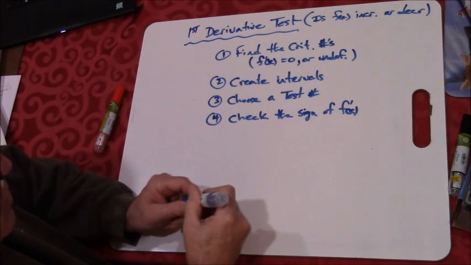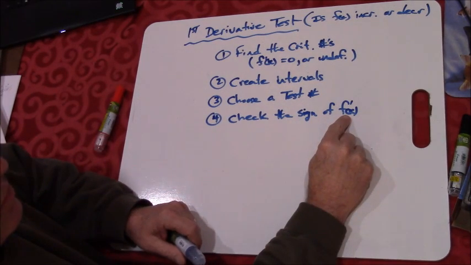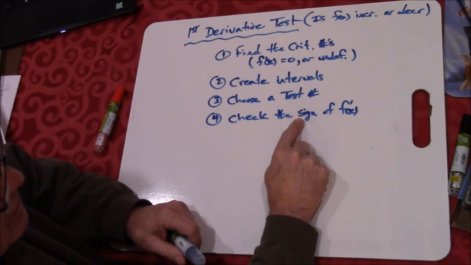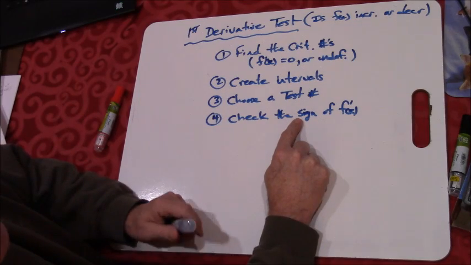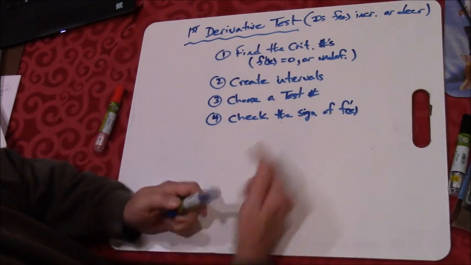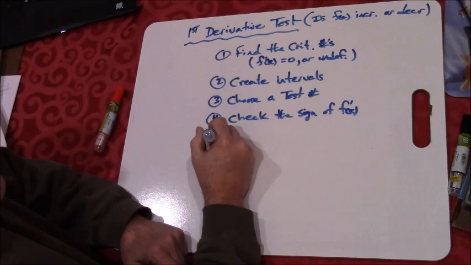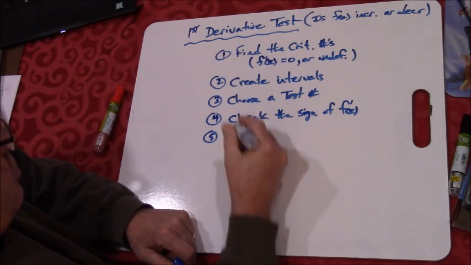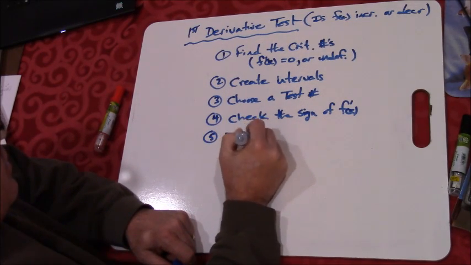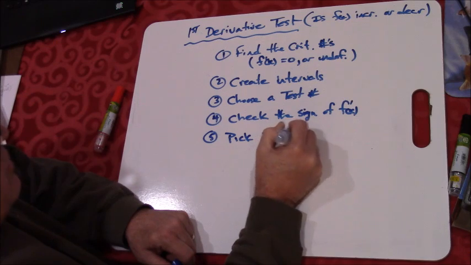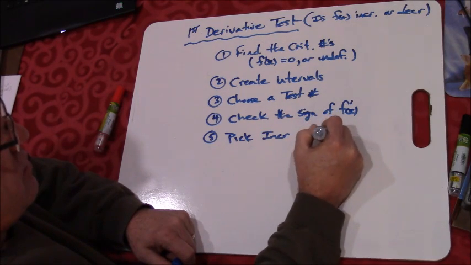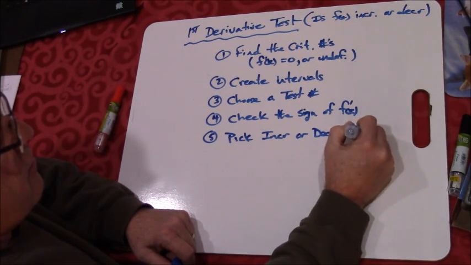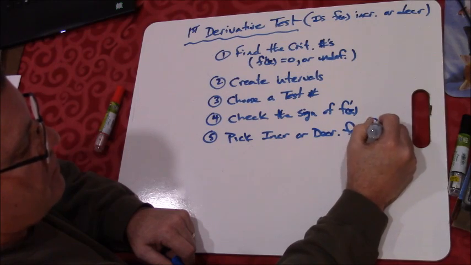We just said a second ago that when we look at f prime, if it's positive, that means my function's increasing. And if the derivative is negative, that means my function is decreasing. So it's this sign that's going to tell us what's happening to the function. And then our last step is to pick increasing or decreasing for the function f of x.